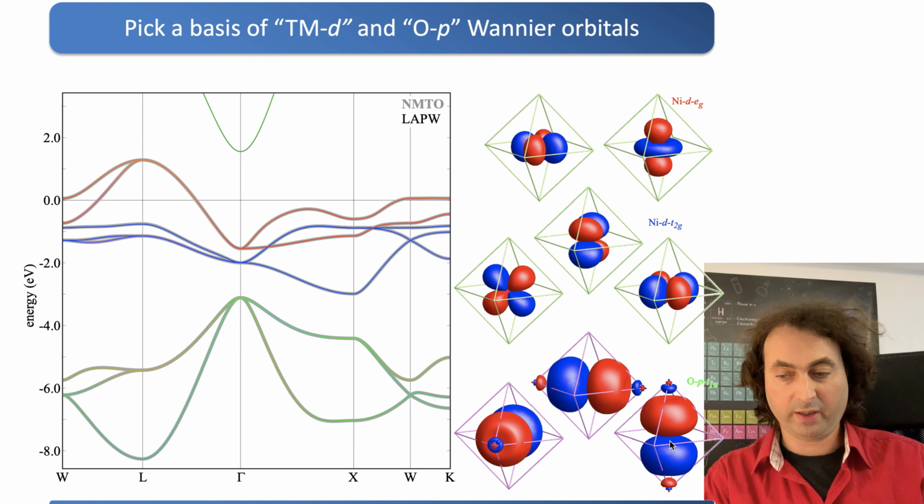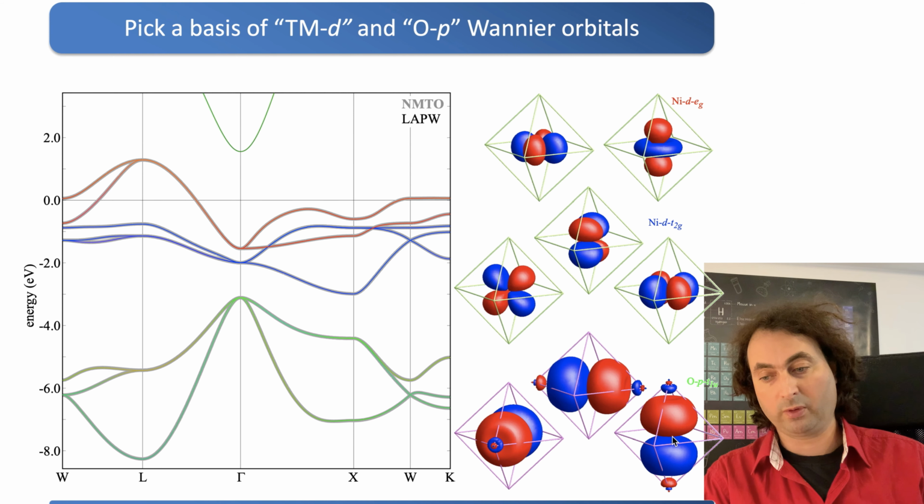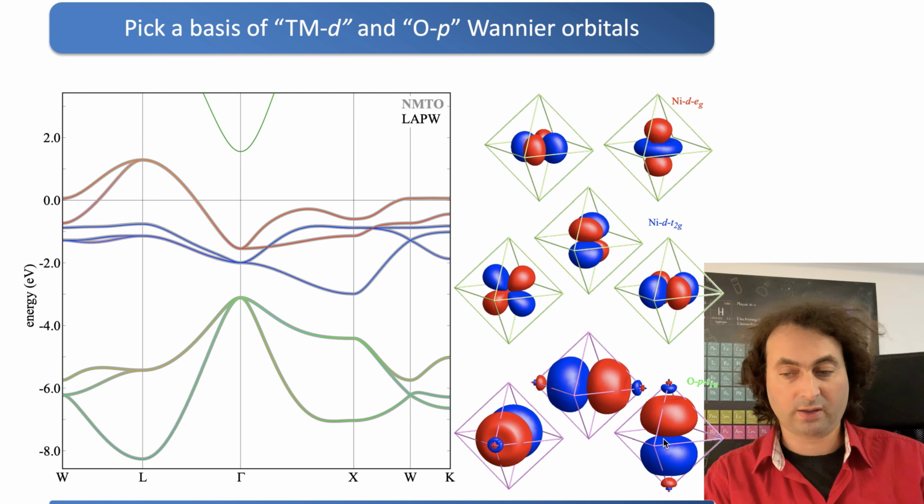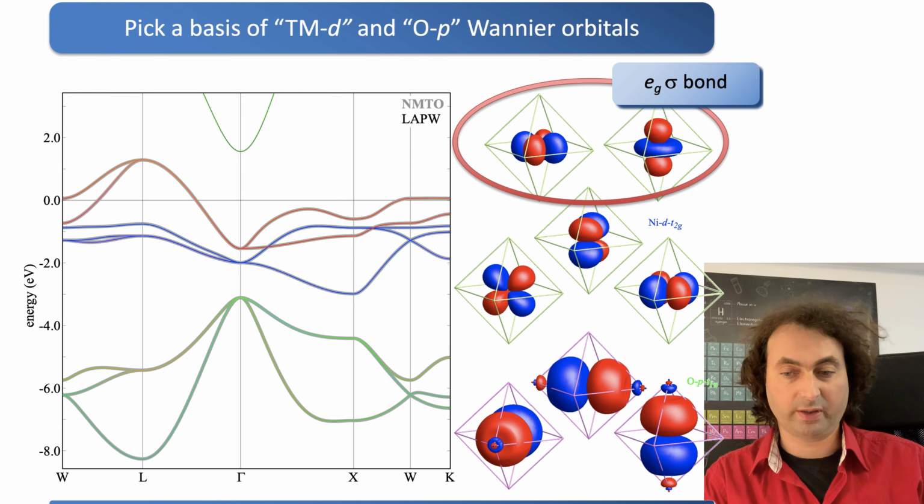Then on the bottom we have the p orbitals for the oxygen, so now the oxygen is the center of the magenta cage, and we have the nickel atoms on the corners. And you find that the oxygen orbitals are actually quite modified compared to the atomic orbitals, whereas the nickel orbitals are basically the atomic-like orbitals. And we'll get to the reason for this.